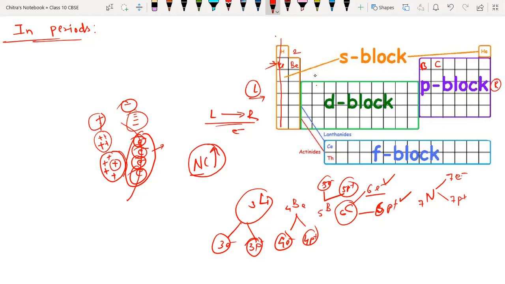That means the outermost shell is pulled slightly toward the nucleus all the time, so atomic radius will decrease along the period.